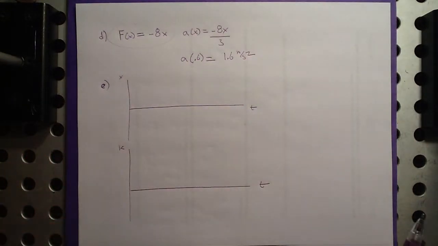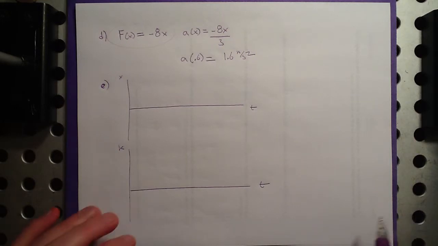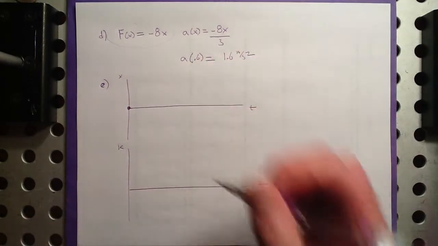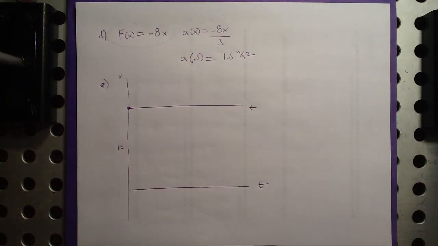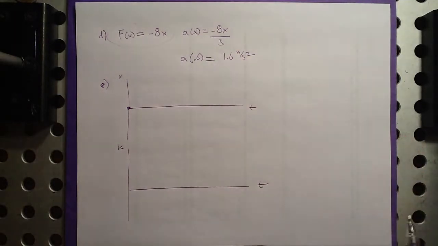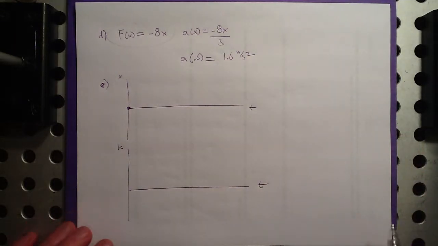And they're telling us here to assume that x equals 0 at time 0. And we also know that some short distance later, when x is negative 0.5, the velocity is positive. So I don't know how much that really tells us here.